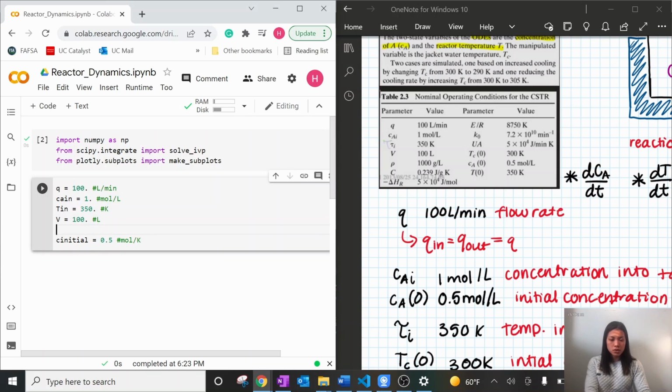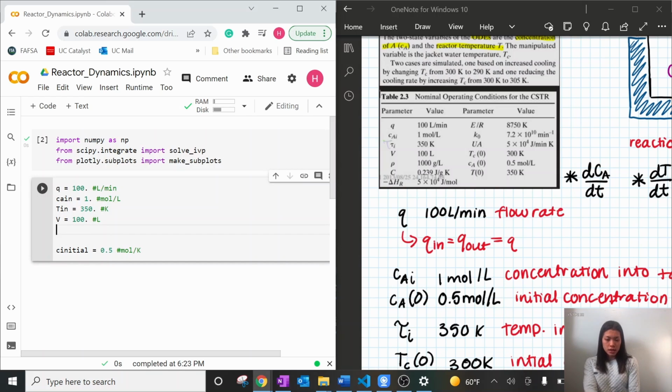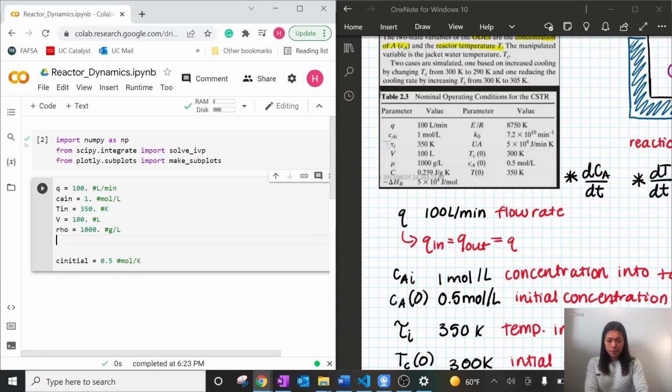And then we also have the rho, which is our density. So that is 1,000 grams per liter. And then we also have our heat capacity, which is 0.239 joules per gram Kelvin.